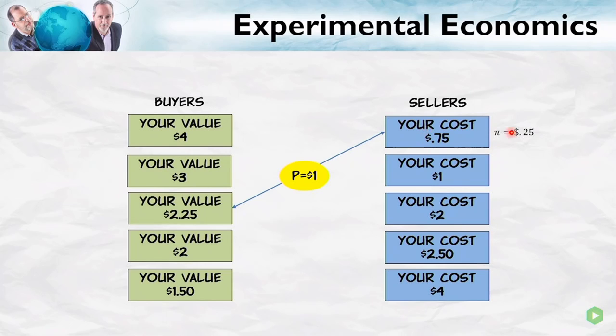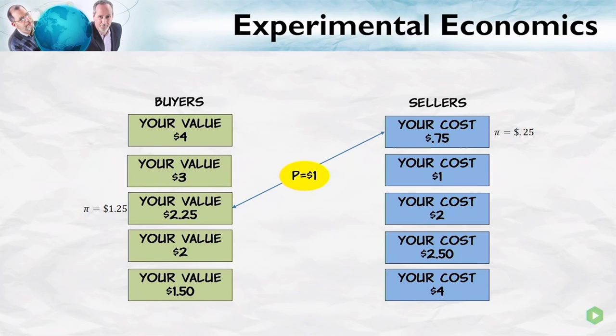In this case, the seller would earn a profit of 25 cents. Similarly, the buyer would earn their value, $2.25 in this case, minus the price, $1, for a profit of $1.25.